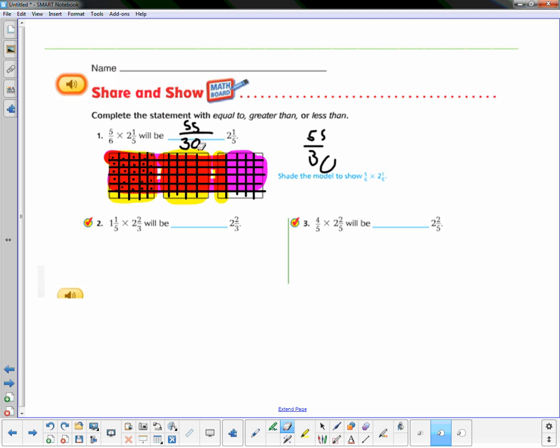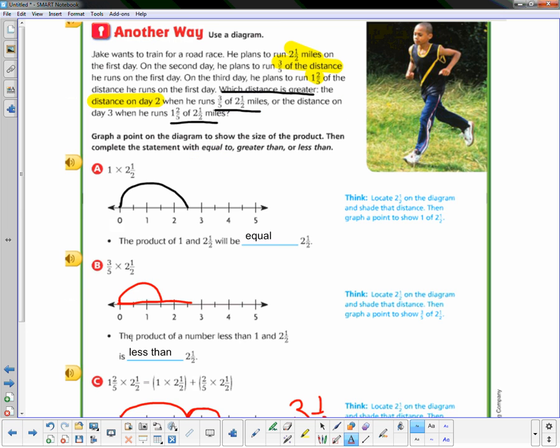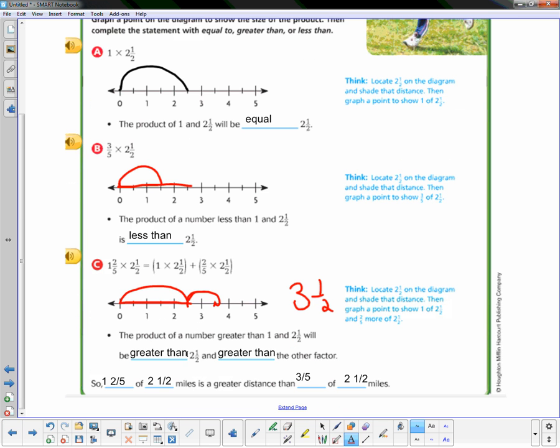Let's just take a look here. Is it going to be bigger than or less than? Well, remember I times it by a fraction, so it means it's going to be less than. We've got a mixed number, and we're timesing it by a mixed number. If I remember from over here, when I times a mixed number by a mixed number, I get a greater than answer.